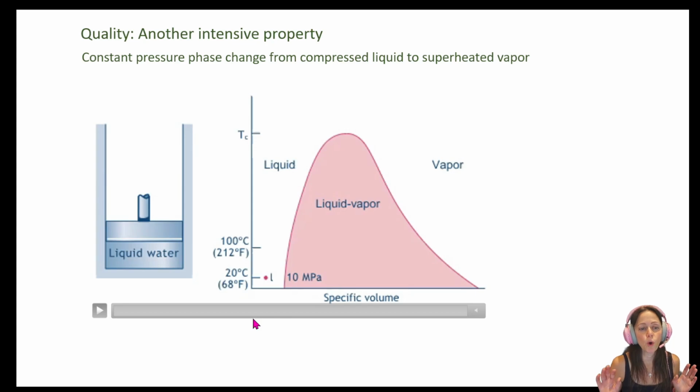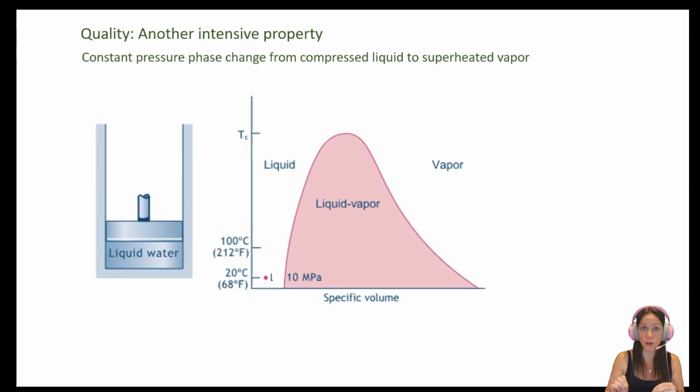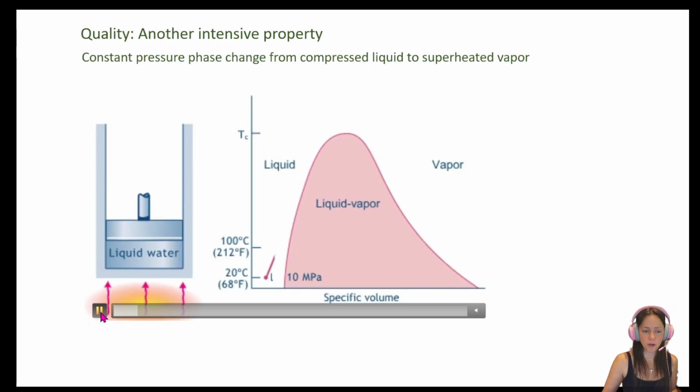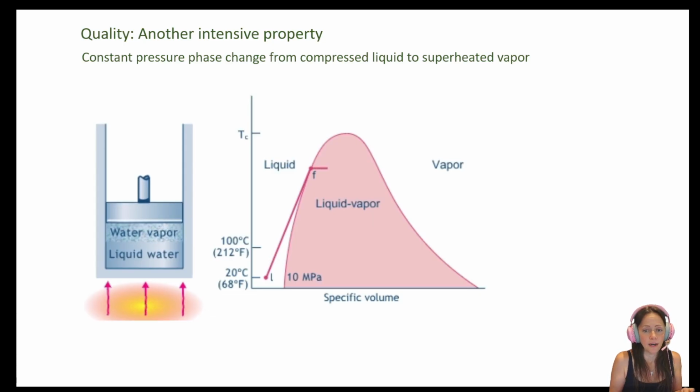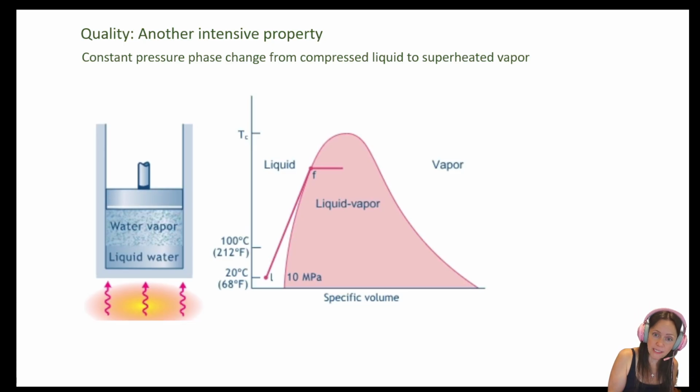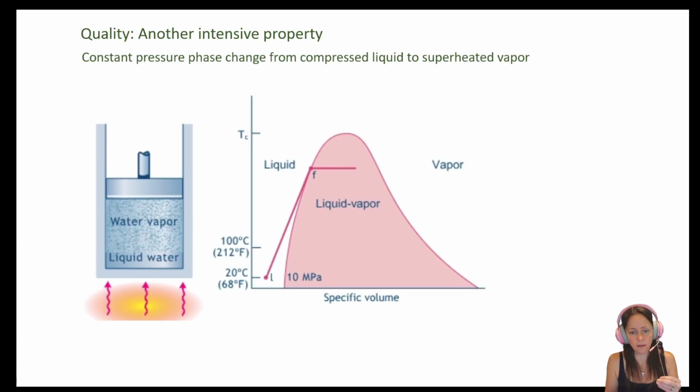Okay, so quality. This is another intensive property. So right now we have four intensive properties that we're familiar with: temperature, pressure, specific volume, and now quality. All right, so let's look at our little video here. This is looking at a constant pressure phase change as we go from a compressed liquid to a superheated vapor.